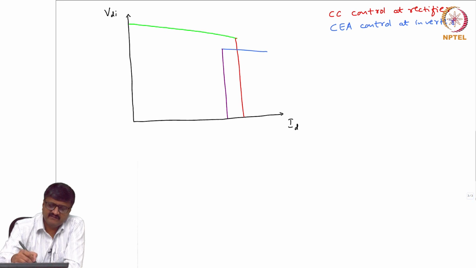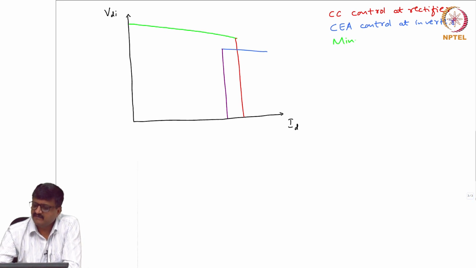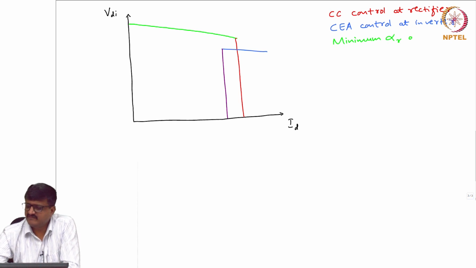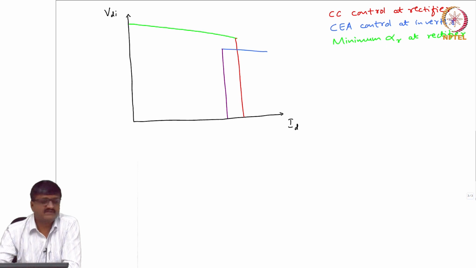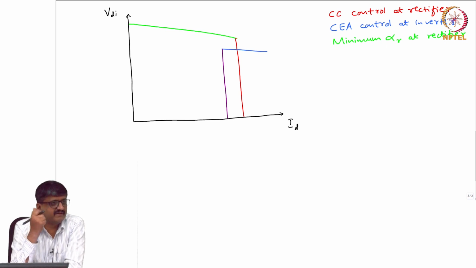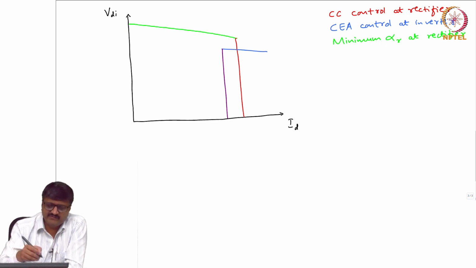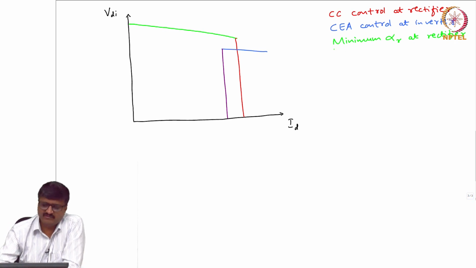Then the green one is actually minimum alpha R, obviously at the rectifier, because alpha R means alpha, the subscript R stands for rectifier. Now, there is one more, purple. So, this one is actually CC control at the inverter.